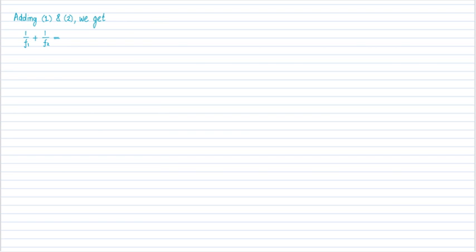So let's write this: 1 upon v dash minus 1 upon u plus 1 upon v minus 1 upon v dash. Now if you look carefully, this term and this term get cancelled. So let me cancel these two terms.